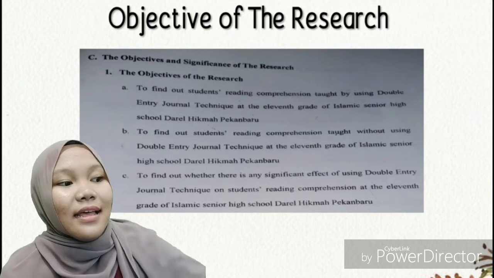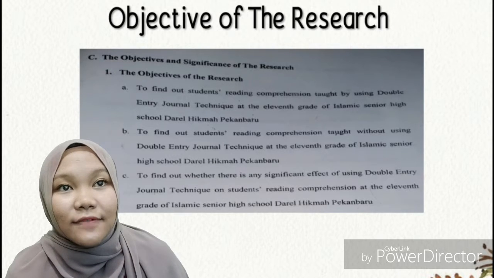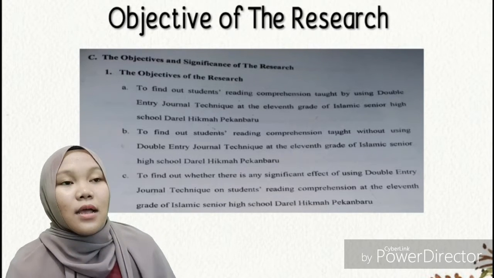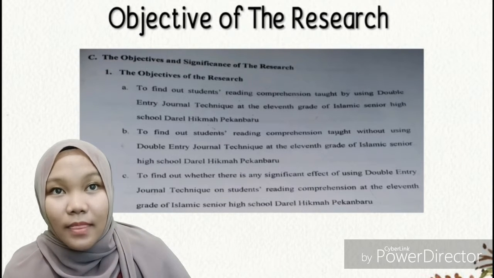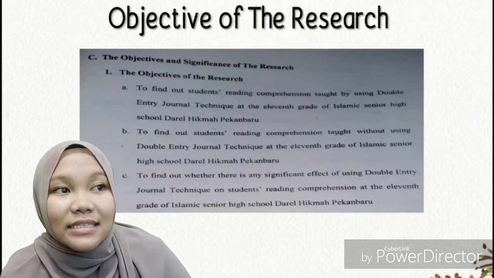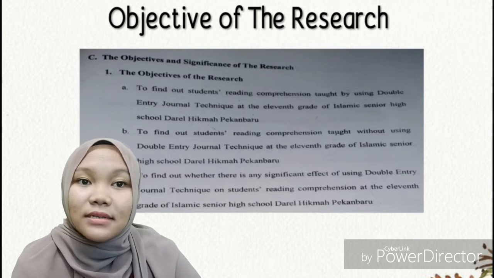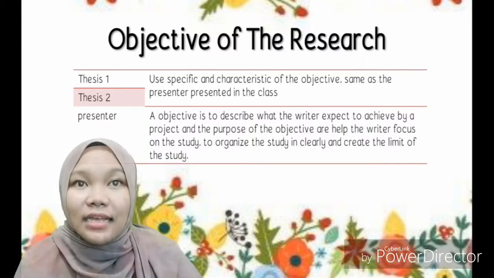And then next, we will try to explain the objective of the research from the thesis and from the presenter. From the thesis, it uses specific characteristics of the objective, the same as the presenter presented in the class.